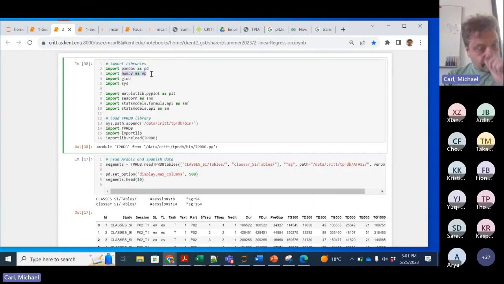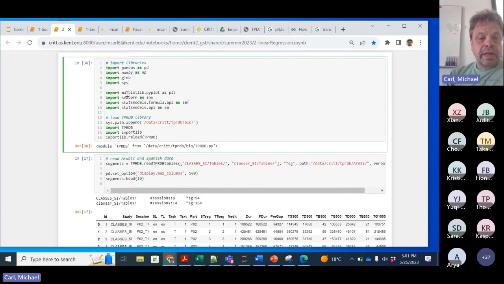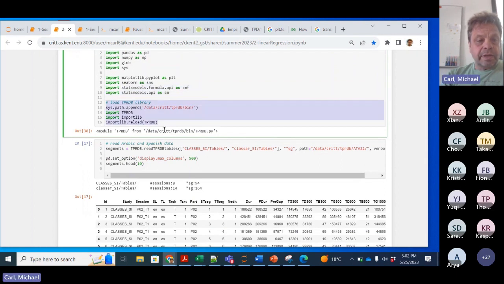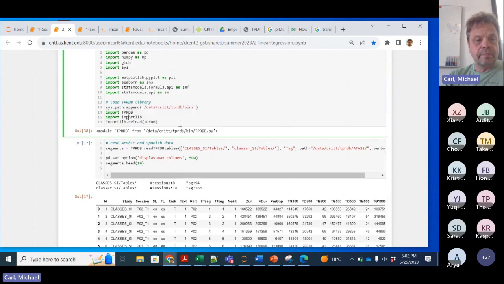NumPy is for mathematical operations, and this stuff here is for visualization, and this is for linear regressions. And then again, this library here, which has this particular function to read data from the TPRDB.